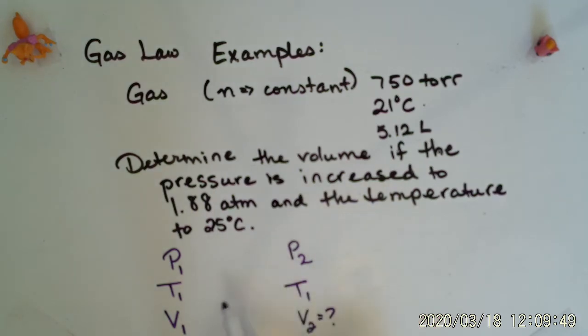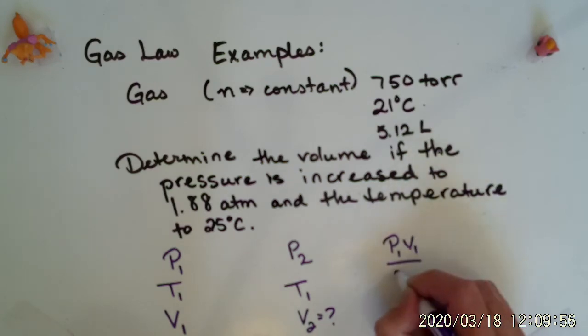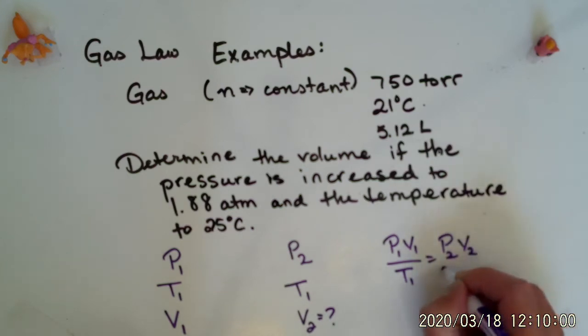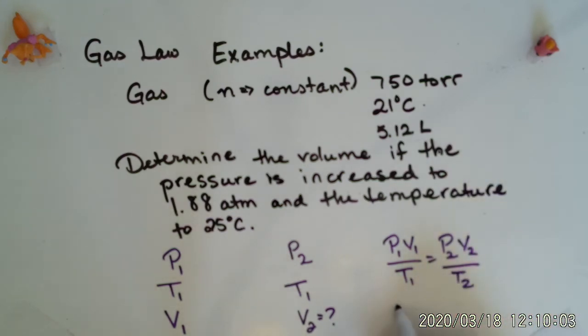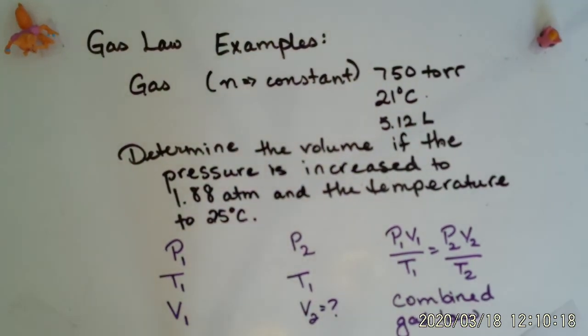So because I have all 6 variables, what we're going to need is the combined gas law. Okay, so this is how we determine what laws to use. Now let's go ahead and fill in our values.